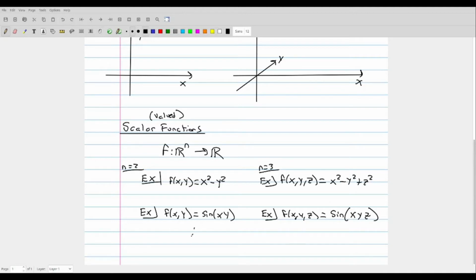There are many other example functions that you can come up with in either scenario, but the idea is that we're always associating an input to an output. For a scalar function of n variables, the input is a vector of n values, x1, x2, all the way to xn.